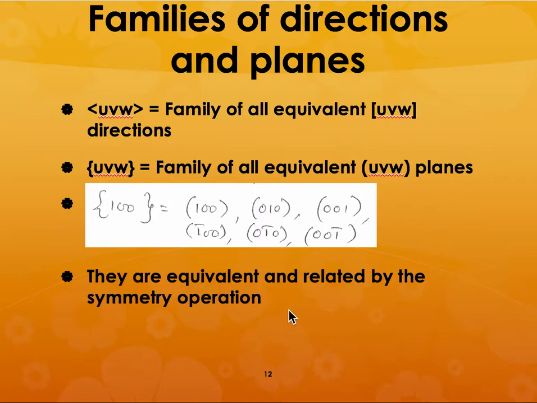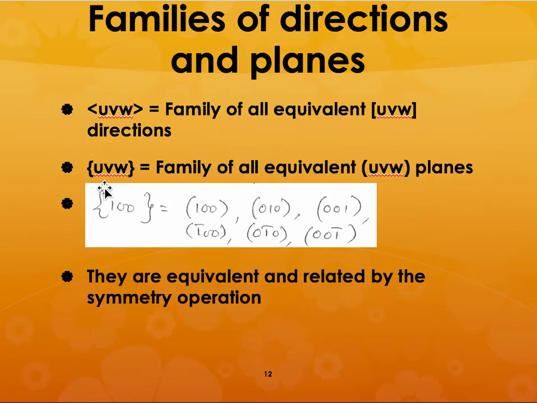And the other thing I want to point out is, I know that you would have covered this a long time ago, but I just want to refresh your memory. This type of bracket, UVW contained within this kind of bracket, is the family of all equivalent UVW directions.